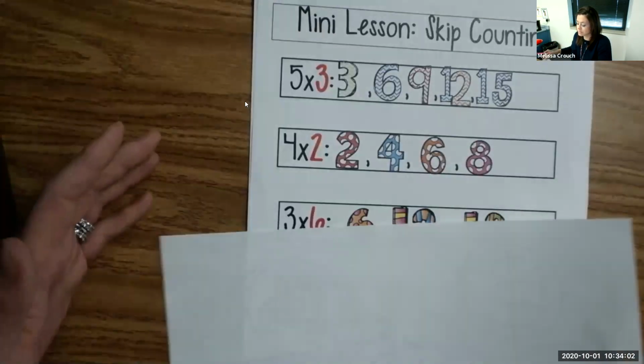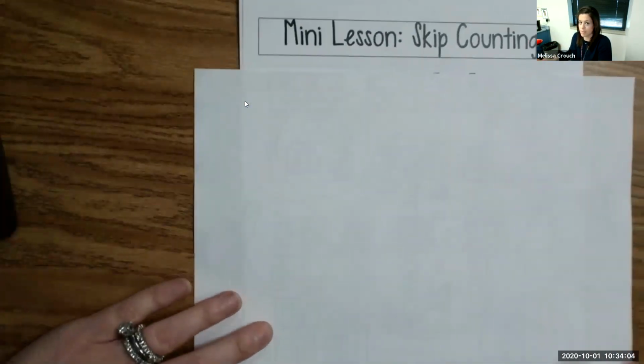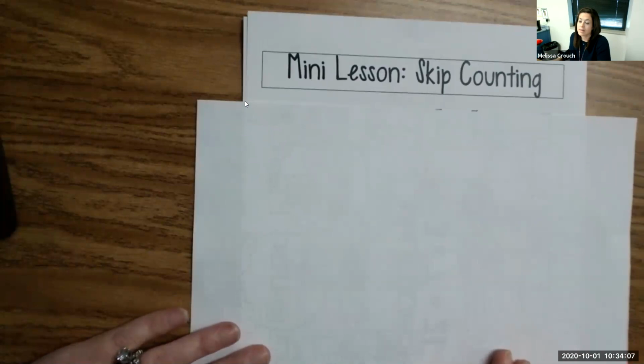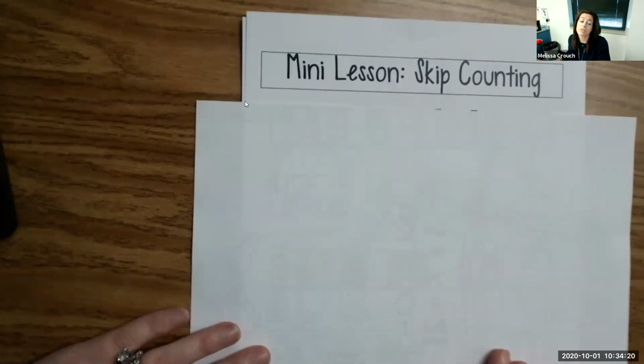Now, is skip counting the best way? No, not all the time. Because if you think about it, we're only really good at skip counting by our 2s, 5s, and 10s really fast. Everything else becomes kind of hard.